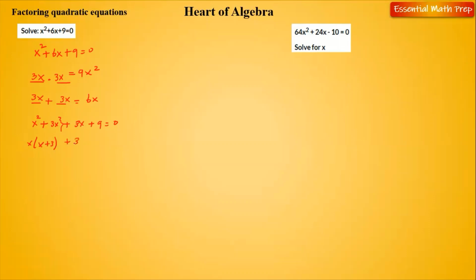In the second part, if we take 3 out as a common factor, then we get 3 times x plus 3. So if we combine the x plus 3 and leave the other term as it is, we get this new expression that's equal to 0. Since both expressions contain x plus 3, x is equal to negative 3. And that is it.